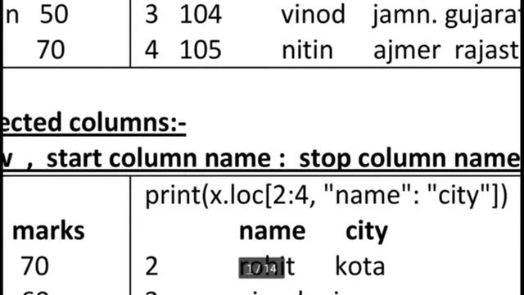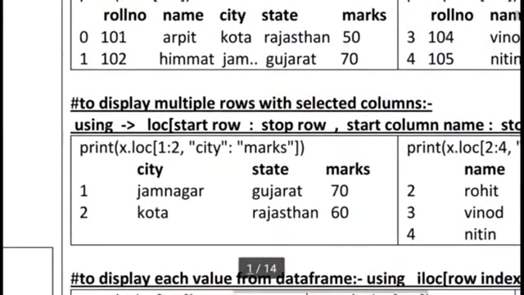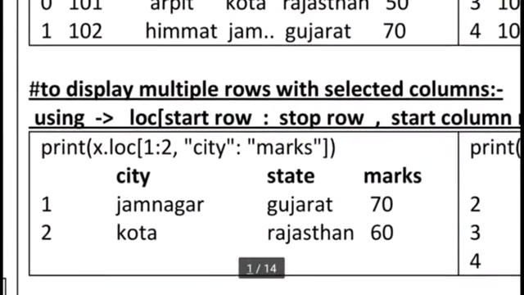So starting column name, comma, stop column name. You can see here I am using x dot loc square bracket 1 colon 2. 1 colon 2 means the index 1 row and the index 2 row come completely, but the columns start from CT to marks.